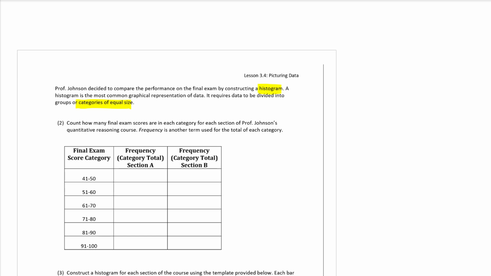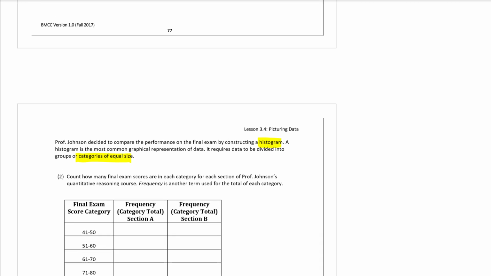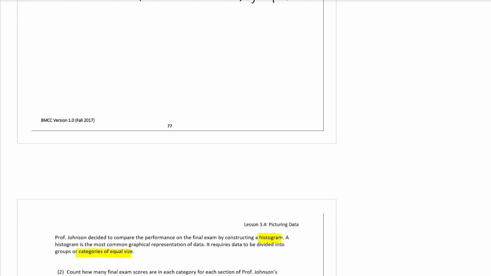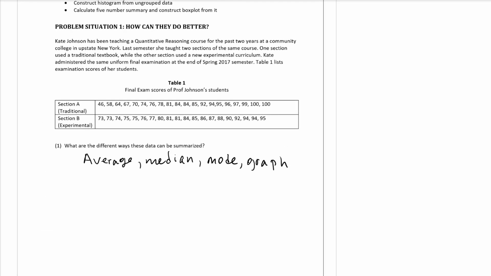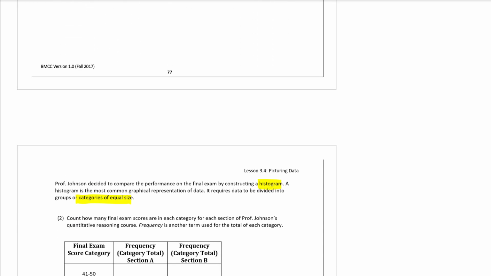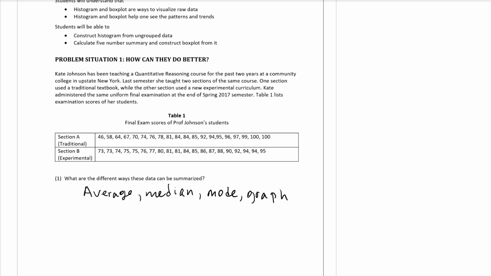So then to calculate how many we have in that category, we're going to look at section A, right? And we're going to go until it says 51, correct? So it's from 41 to 50. So in section A, we only have 1 student there. So that will be the frequency. So that will be 1.